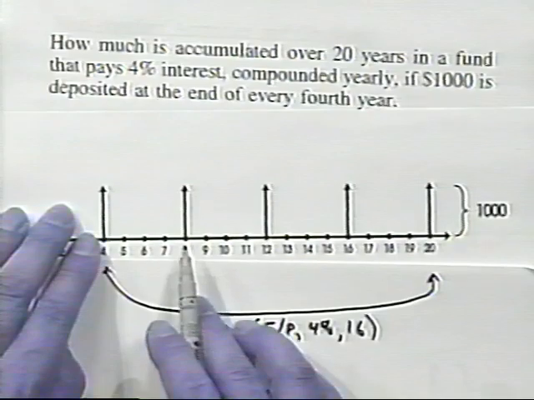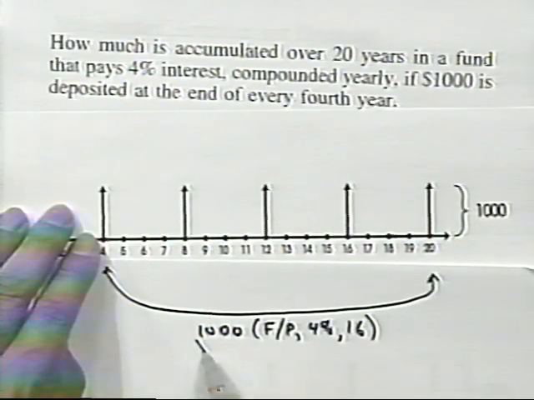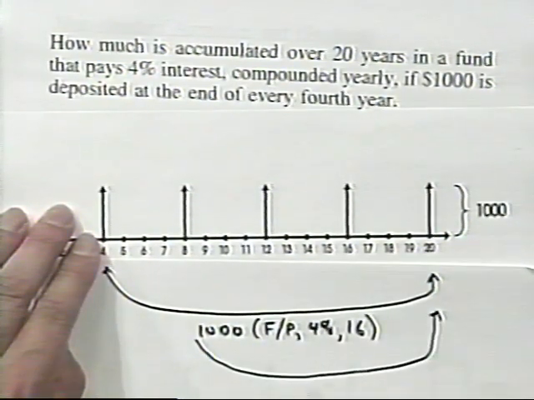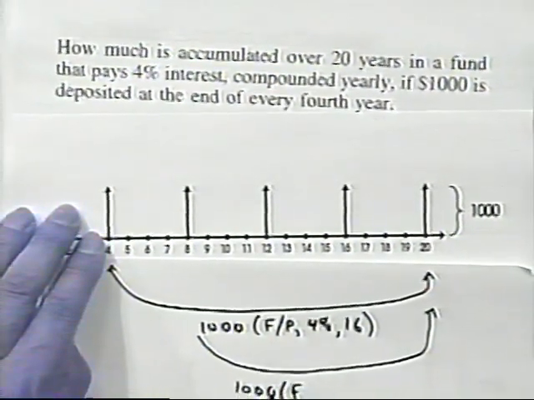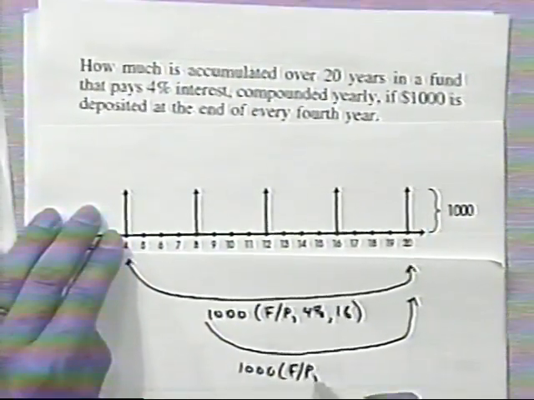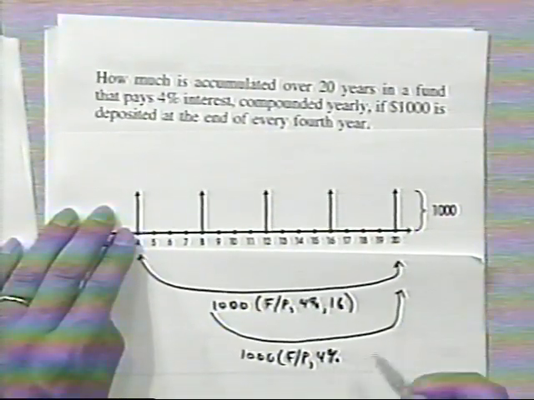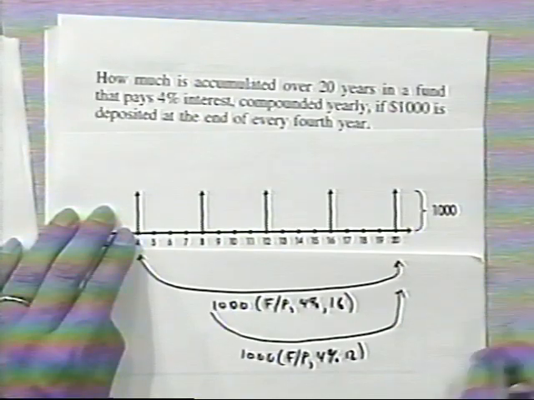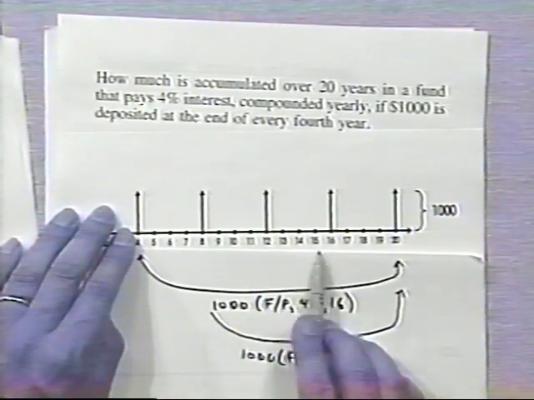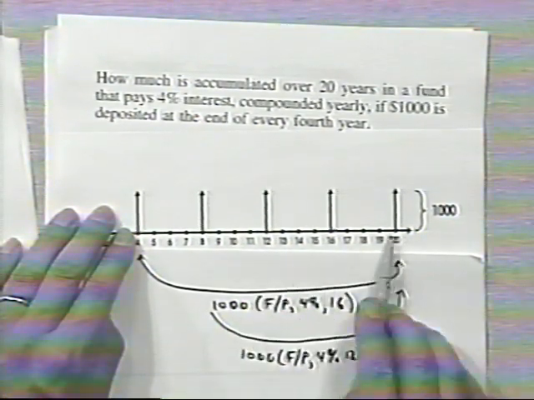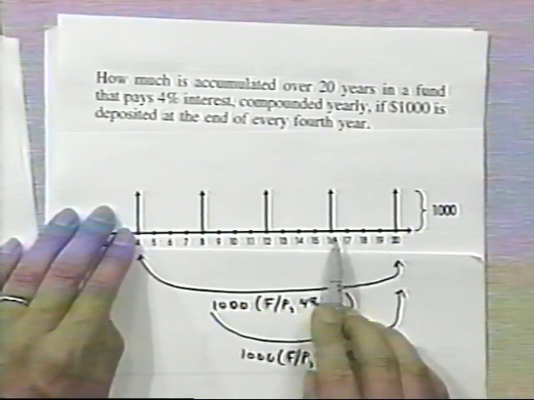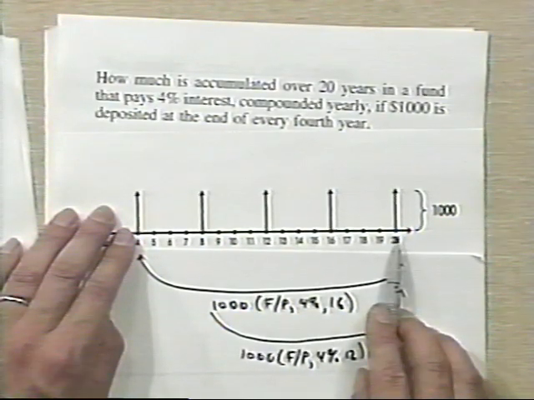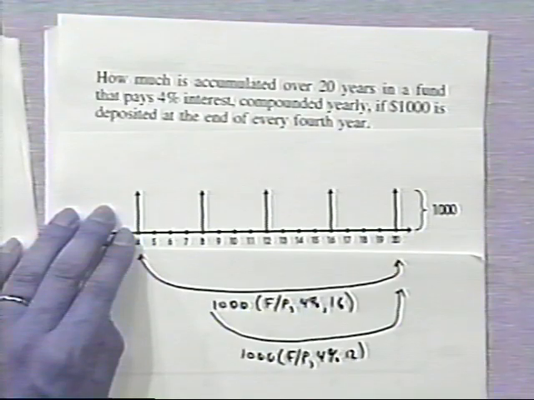We could add to that the equivalent for this payment. For this payment, we're taking it through time a fewer number of years, converting it to a future worth from a present worth at 4% over now 12 years. And so forth. Taking this payment at the end of the 12th year, in the future 8 years, this one 4 years, and the last payment's already in the future, so we don't need to change it at all.